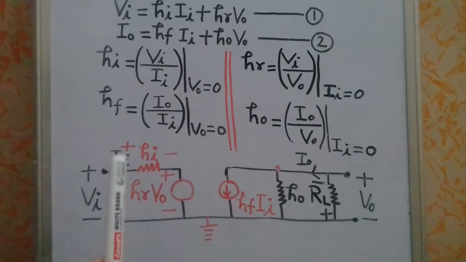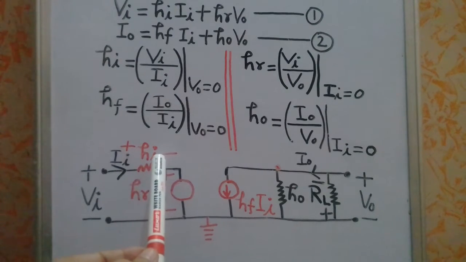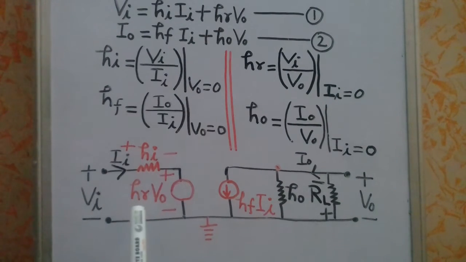So for common emitter, you will have to write HIE, that is input impedance, HRE, that is reverse voltage gain, HFE II, the dependent current source, and similarly HO you write as HOE, right? All these H parameters you can write for the common emitter configuration.